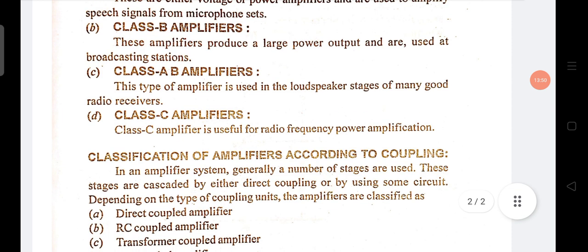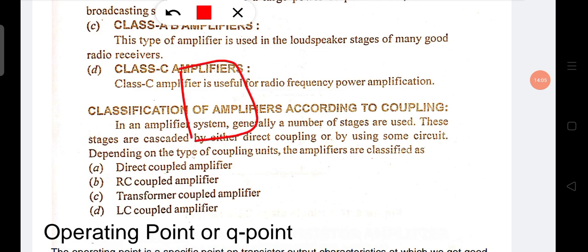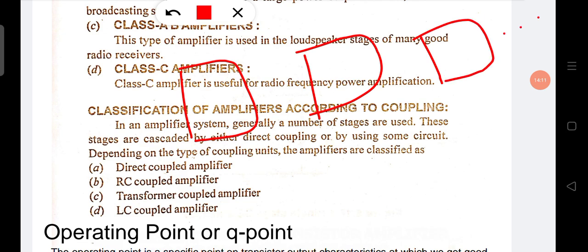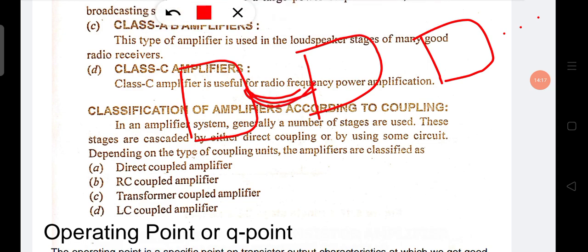Now let us see the classification of amplifiers according to the coupling. Coupling means the connection between stages of an amplifier: the first stage of an amplifier, then the second stage, the third stage, and many more stages are connected to each other.